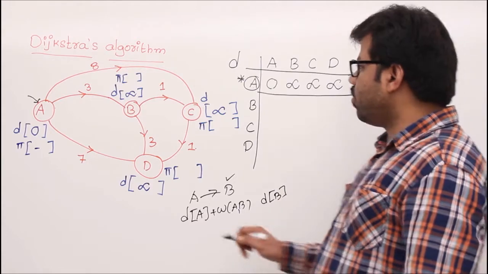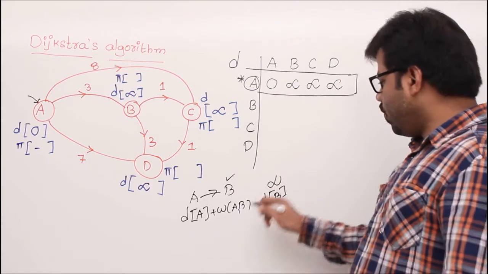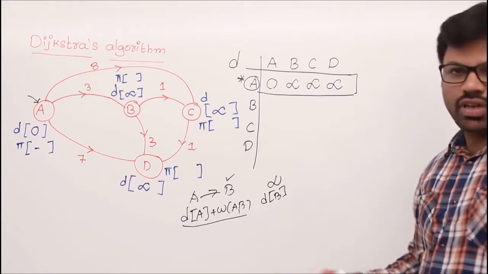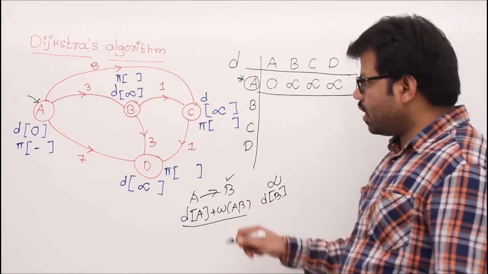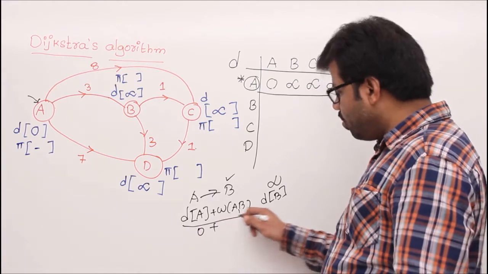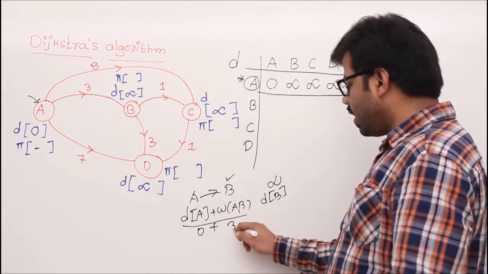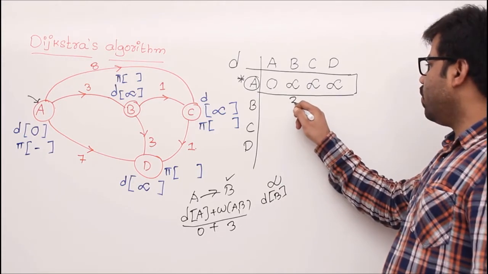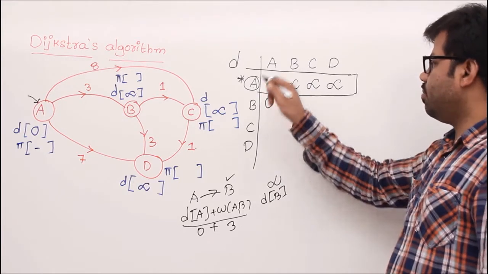What is the old distance of B? Currently infinite. If we get better value with distance of A plus weight of AB, so distance of B is going to be updated. Distance of A currently is 0 plus weight of AB. What is weight of AB? 3, right? So directly I can say 0 plus 3, which is better than infinite. Then here B value will be updated.